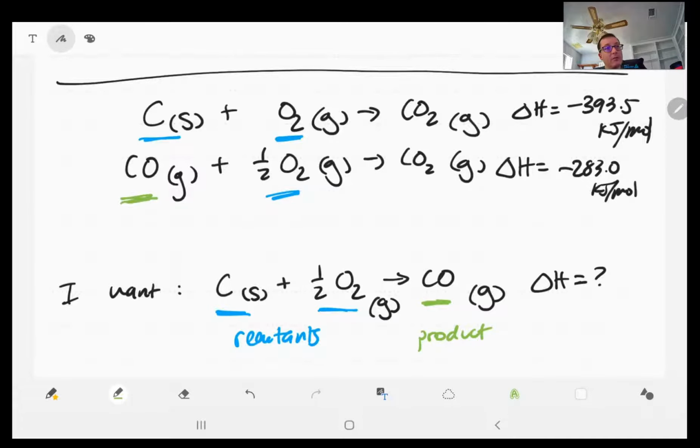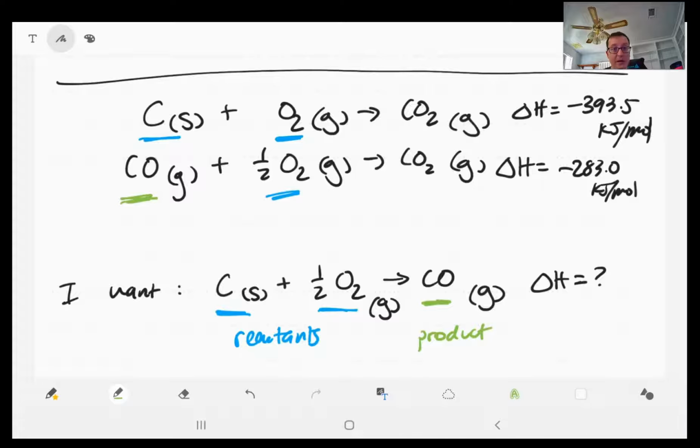If we just leave these reactions alone and add them together, we get C plus 3/2 O2 plus CO turns into 2 CO2. That's not what we want, right, if we just add them as is. Notice we want carbon monoxide as a product. That tells us we have to flip that reaction around. We can't use it as is because that'll give us carbon monoxide as a reactant.